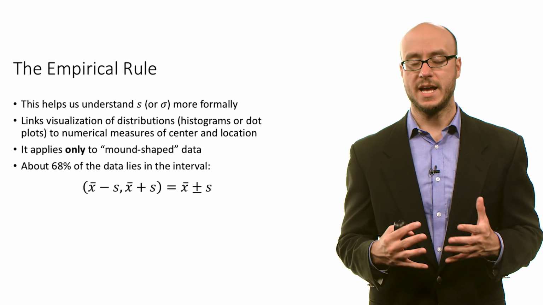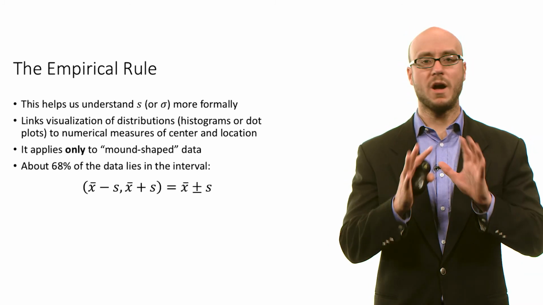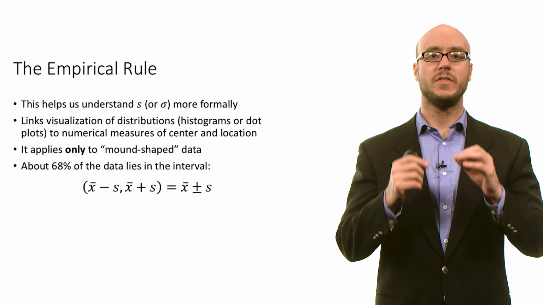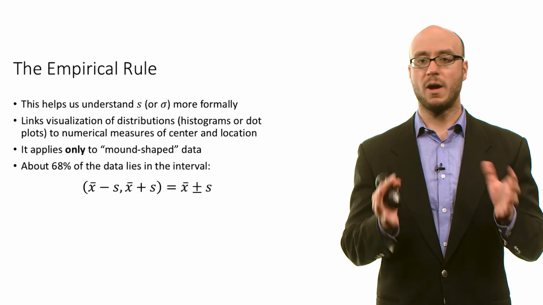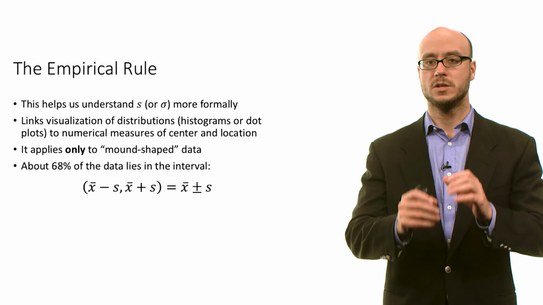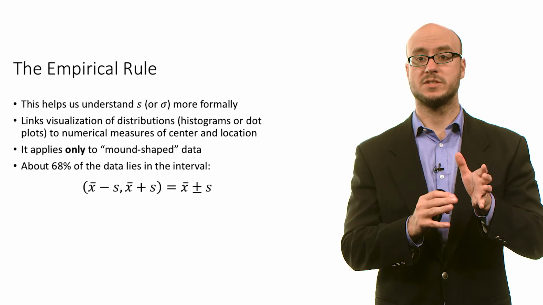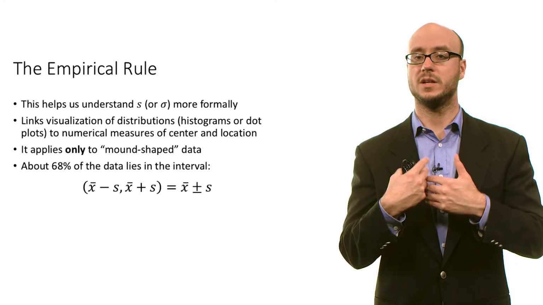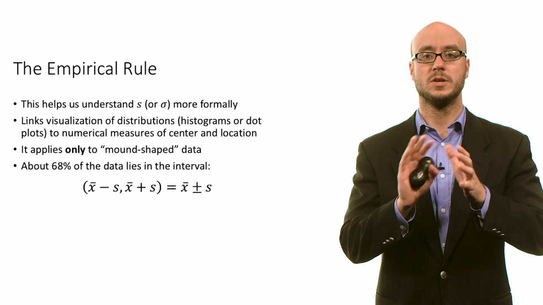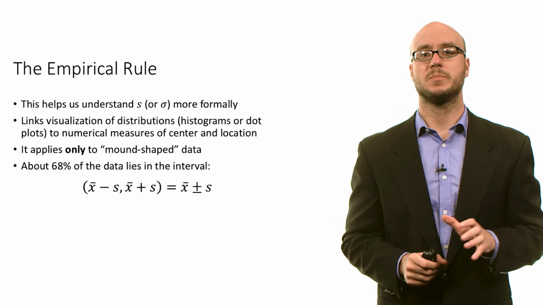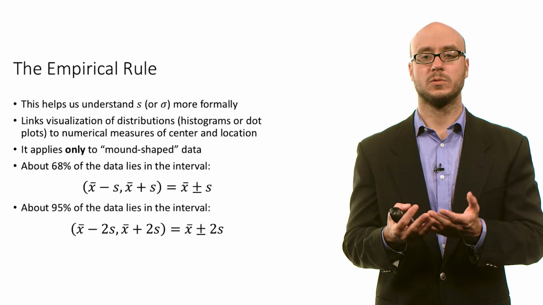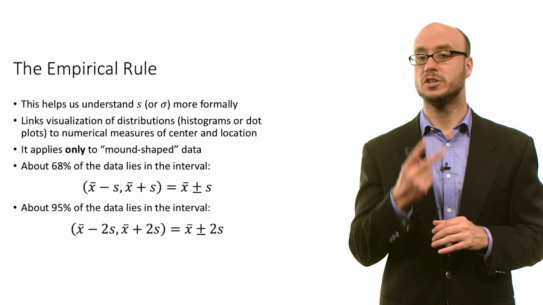If we know a set of data, a numerical variable, is roughly mound-shaped and symmetrical, so it looks kind of like a hump, a kind of bell, then we know that 68% of the data, roughly, lies within one standard deviation of the mean. Right? And this applies not just for samples, but you can use it for a population. If you conduct a census and you have a value of sigma, the population standard deviation, you can use the same approach. The idea is that about 68% of the data are going to lie within one standard deviation of the mean.